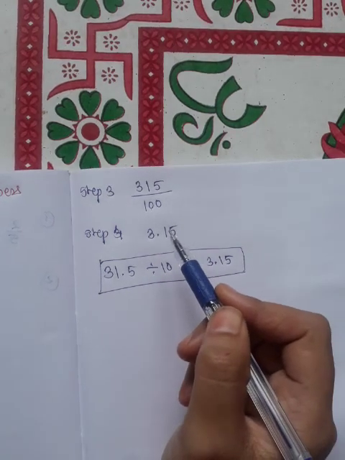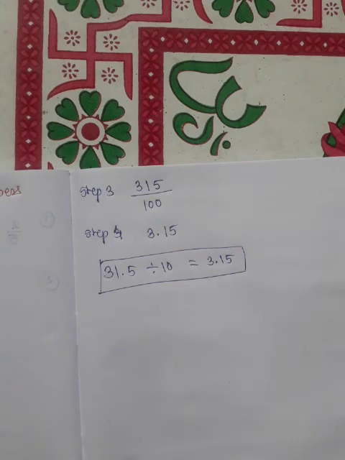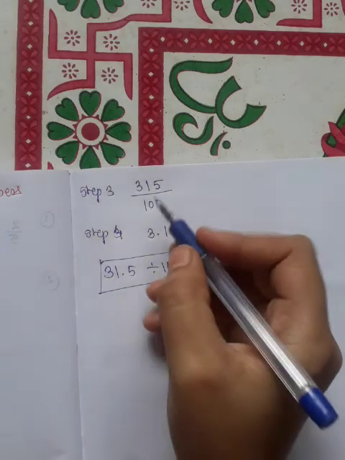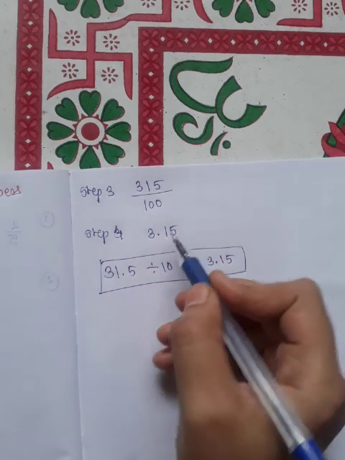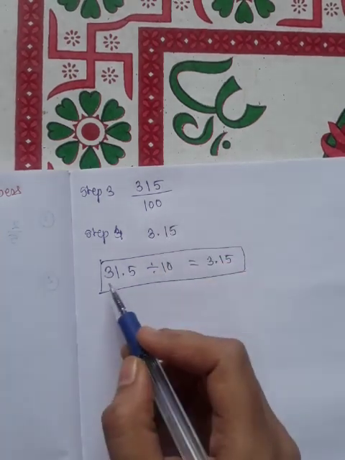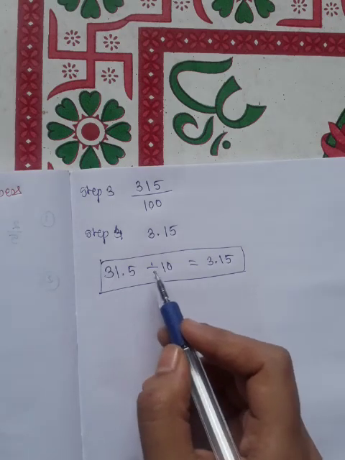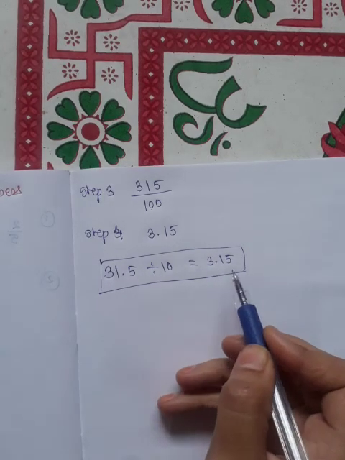Remember that in multiplication we move the decimal point towards the right, and in division we move the decimal point to the left. So 31.5 divided by 10 is 3.15.